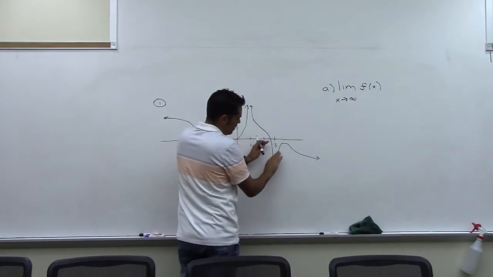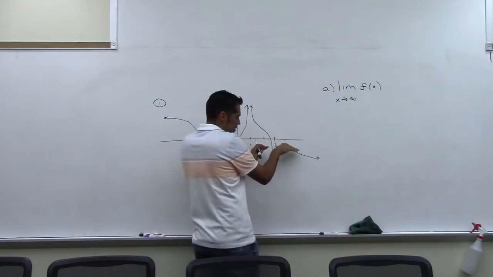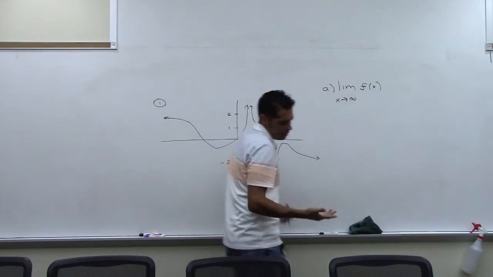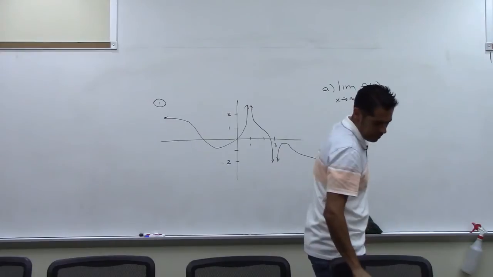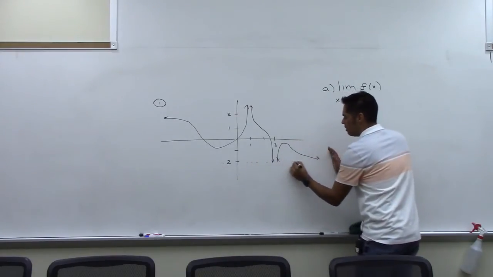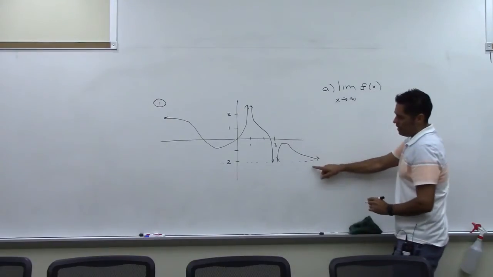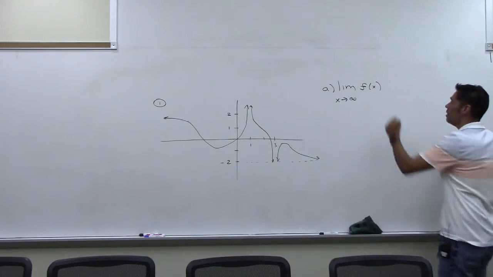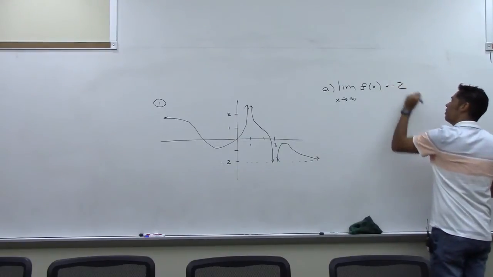Then when you get past 3, it starts going up. And then as you go to infinity, this thing looks like it's starting to flatten out. Now you have to kind of guess that from the picture because it does cut off. But it looks like it's flattening out to a y value of -2. So as you go out, it's asymptotic and it's approaching -2. So this will be -2.